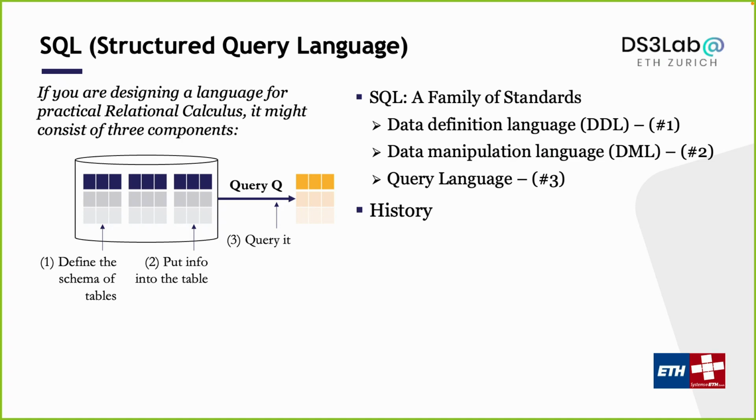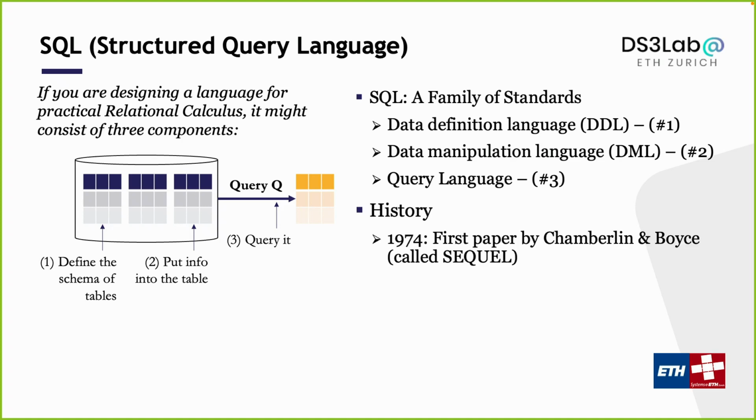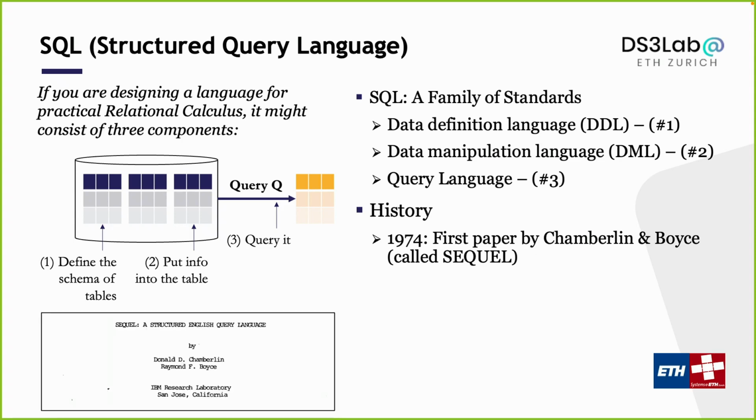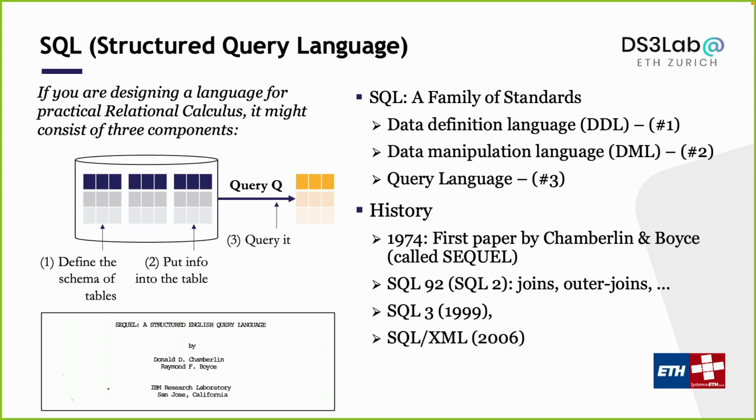Just some quick history of SQL. The whole thing started in 1974. The original paper was really called SEQUEL, which is why we read it like that. That's a very old paper. And then there's the SQL standard back in 92, with a whole bunch of follow-up standards. People started to enrich the language.